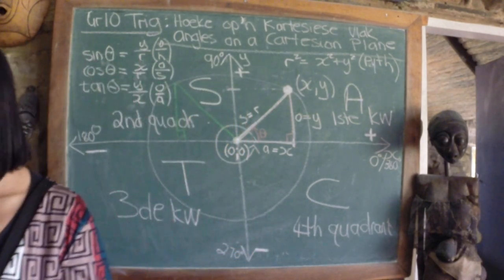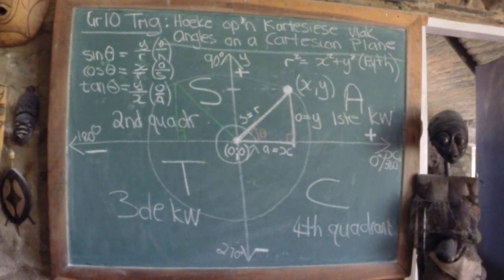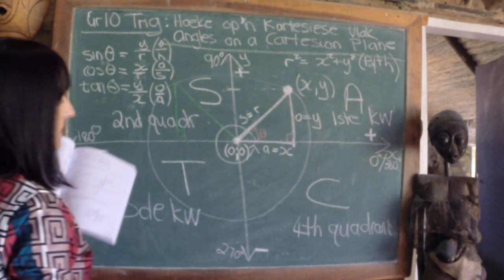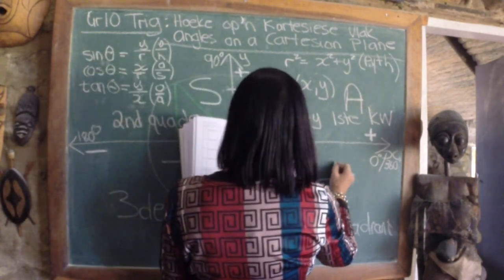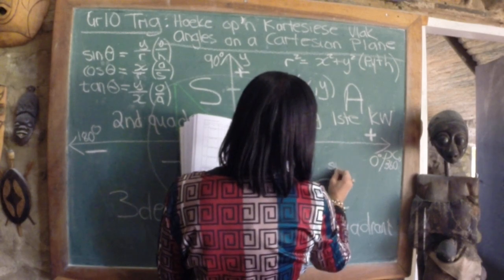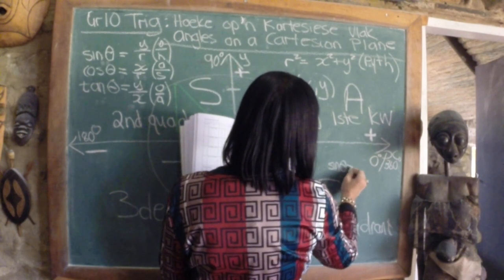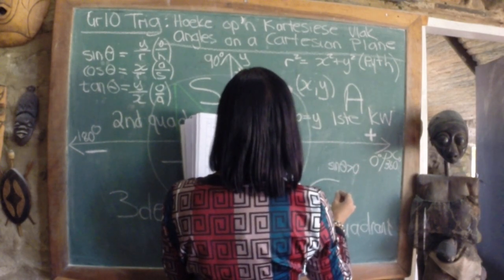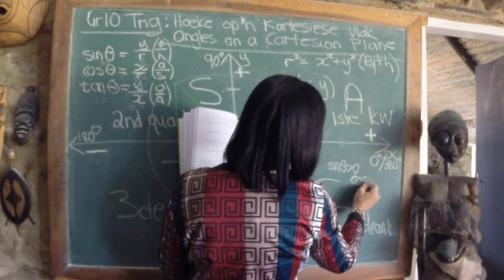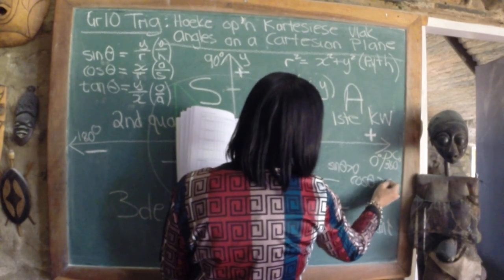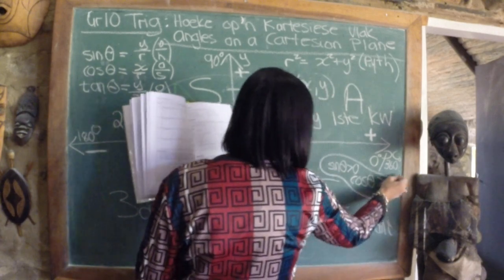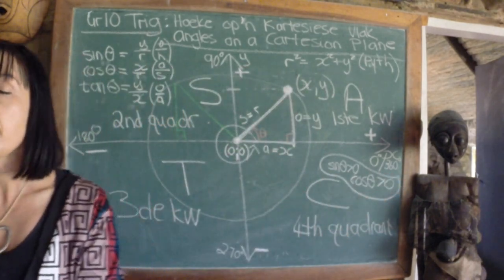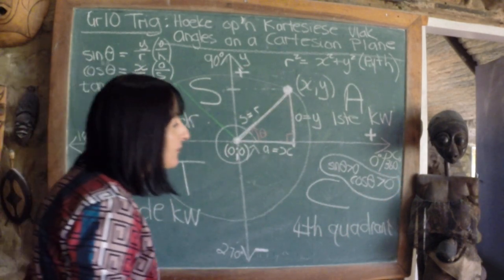Now, if I ask you a question like this: where's sin theta greater than 0 and cos theta greater than 0? Waar is sin en kos positief met ander woorde?